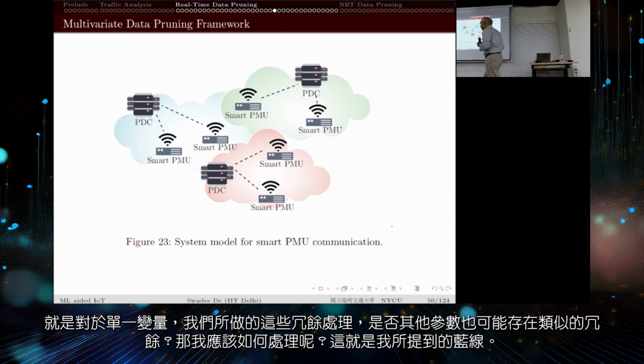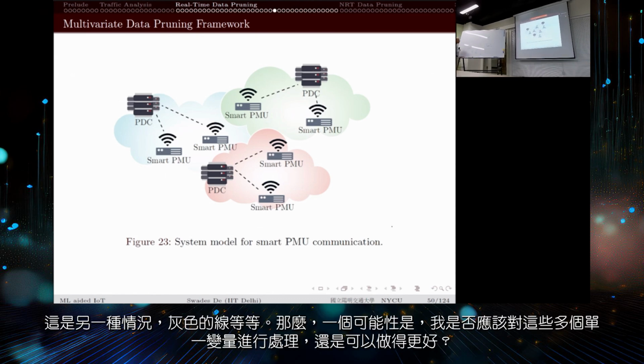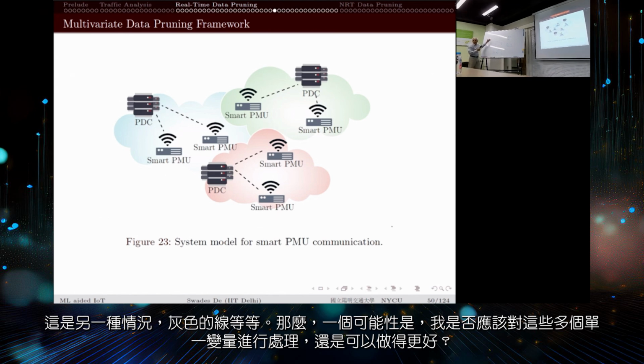So this is my blue line, likewise this is another, and maybe the red and so on. One possibility is to apply these multiple single variate methods, or can I do something better?